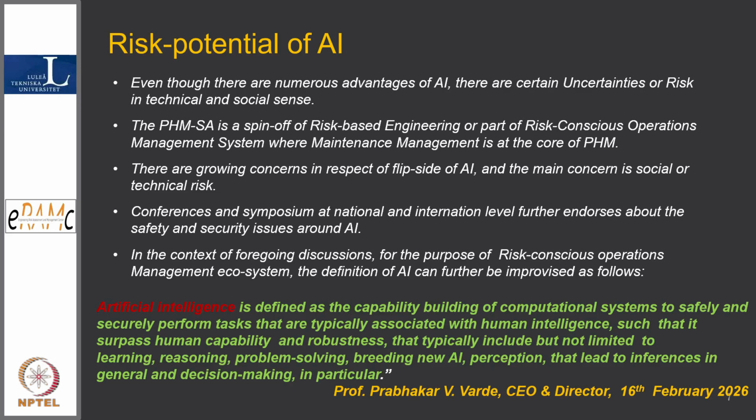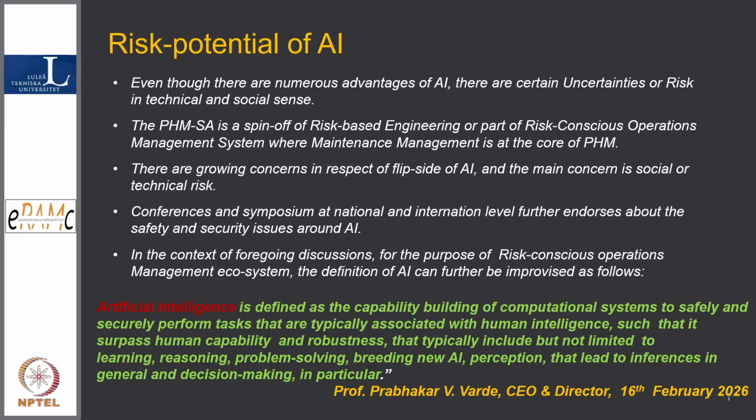Now, having this discussion as a background, what should be the definition of artificial intelligence for a safety critical system? The definition I am giving is: artificial intelligence is the capability of a computational system to safely and securely perform tasks that are typically associated with human intelligence, such that it surpasses human capability, and robustness.